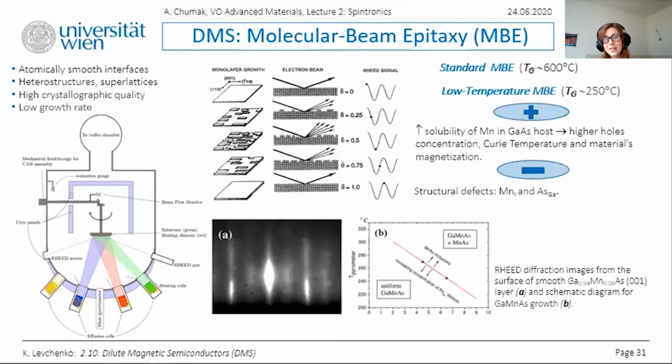Molecular beam epitaxy is very nice for producing sharp interfaces. The effusion cells produce a molecular beam of the source materials, typically paired with a mechanical shutter that can quickly open and close. And thus we can manipulate the deposition with very precise control, up to the atomic layer.